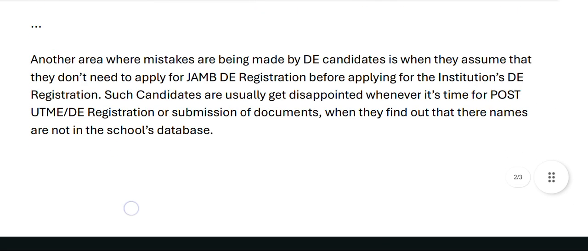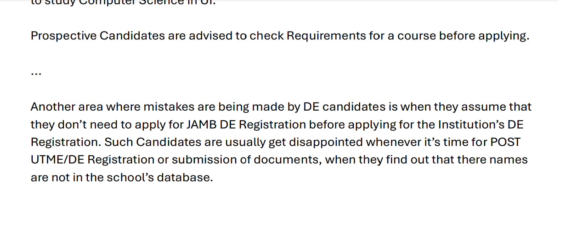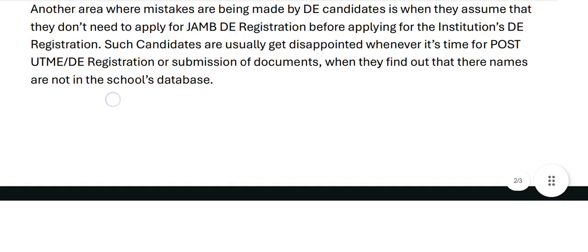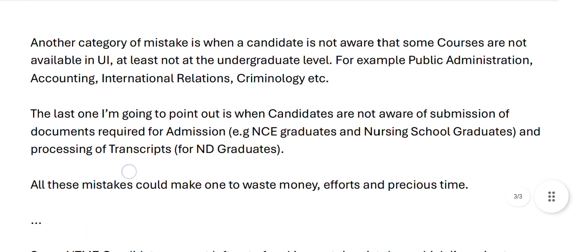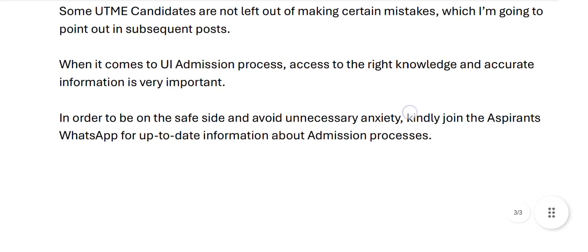Okay, the assumption that they do not need to apply for JAMB registration, we are done with that. We are done with the category of not knowing that some courses are not available.